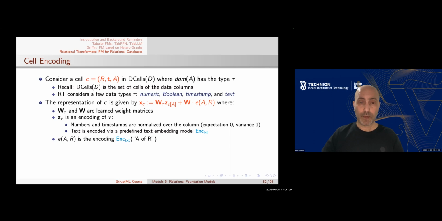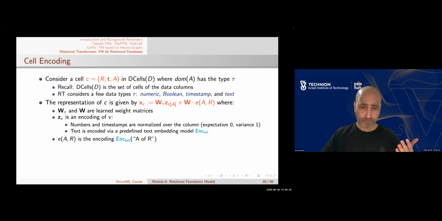We multiply it with a weight matrix that applies to the type. Every primitive type, numeric, Boolean, and so on, has its own weight matrix. That's the first component of the representation, a representation of the value. In addition, we have a component that applies to the metadata, E of (A, R), where A is the attribute and R is the relation name.